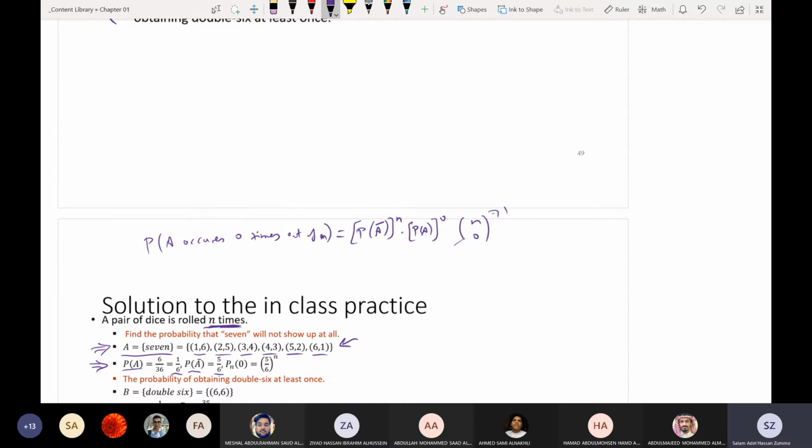Now this is 1, this is 1, and you end up with the probability of A complement to the power n, which is 5 over 6 to the power n. This is the probability of never having 7, in n times.